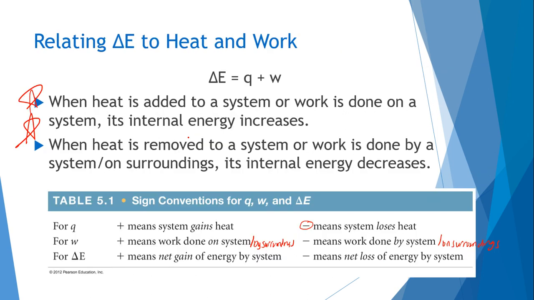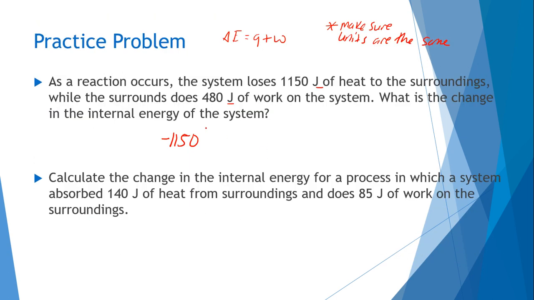If work is done on the system, I get a positive value for that number. So this is plus a positive 480. When you plug that into your calculator, you find that the change of E is equal to negative 670 joules. I'm using joules because that is the unit we are using for our energy.